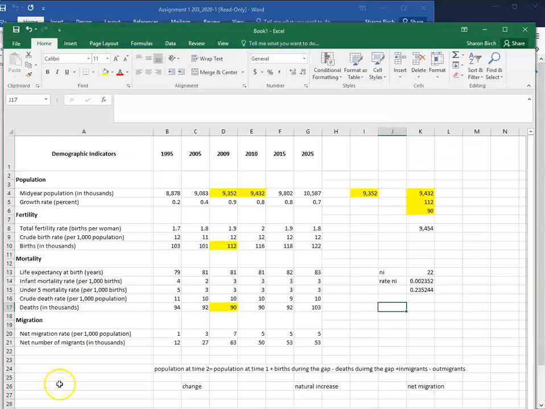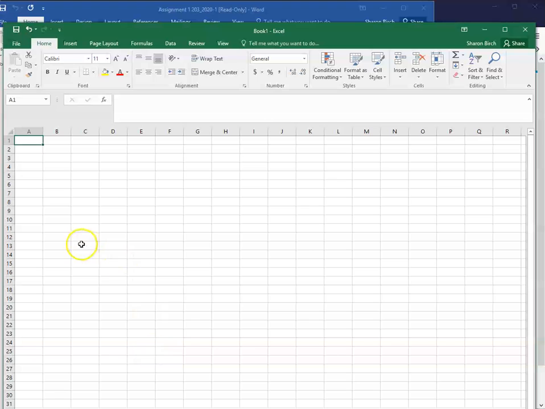Now, we do have a video about what a rate is, so I'm not going to go completely over that, but the basic idea is that a thing happens, and it happens to someone. This is the incidence of what it is you're measuring, and this is the population at risk of the thing happening to.